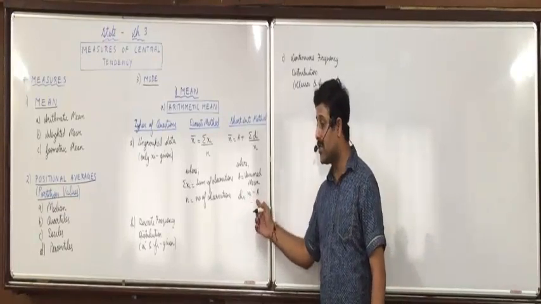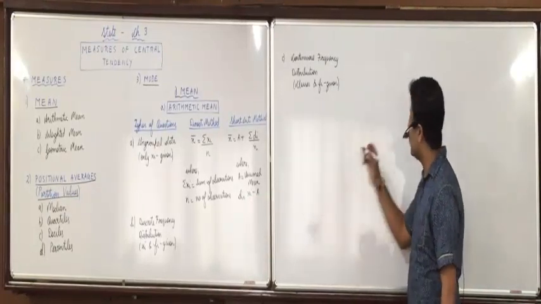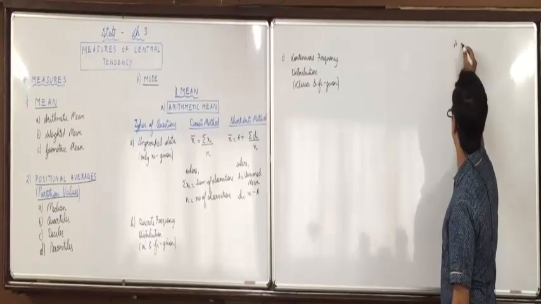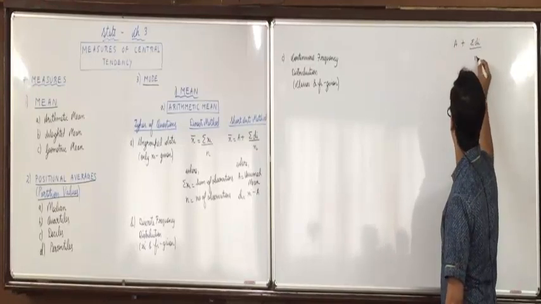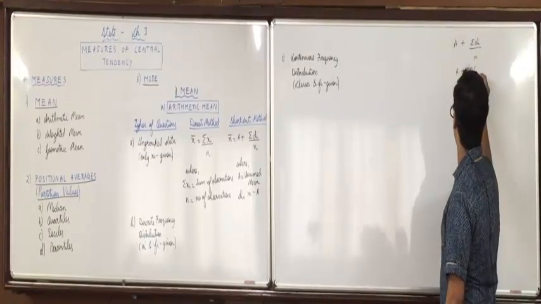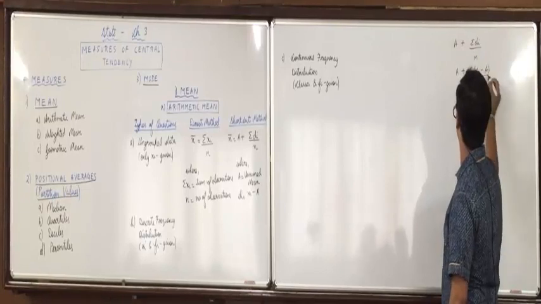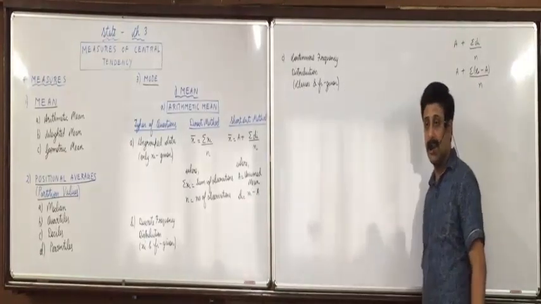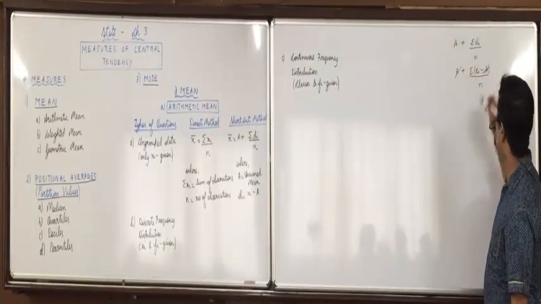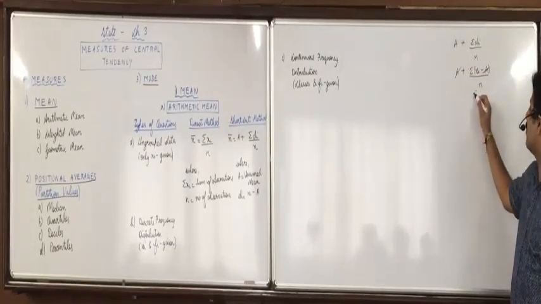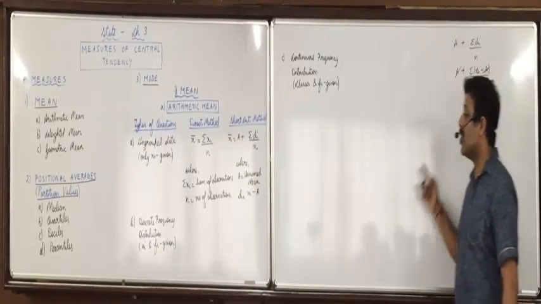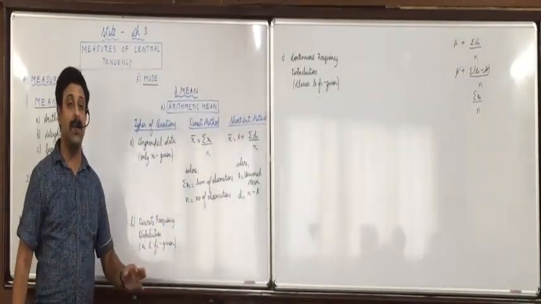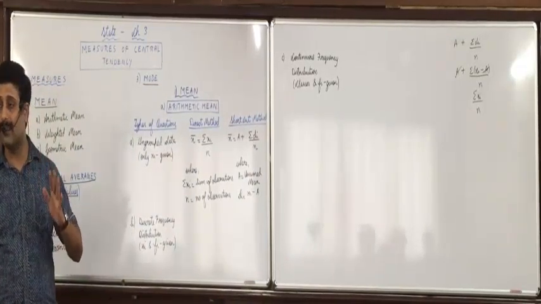Now see, in the second formula, a plus sigma di upon n, can I write xi minus a in place of di? Now a and minus a will cancel, what will remain? So your answer will always come the same, whether you solve by direct method or by short method.